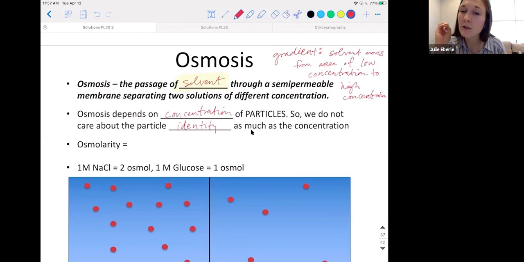Okay, we're talking about the concentration of particles, not the concentration of solvent. The solvent is what is moving, but it's moving from an area of low concentration of particles, stuff, ions, proteins, sugars, whatever's in our body, to a high concentration, okay? So it's always working to dilute a high concentration.